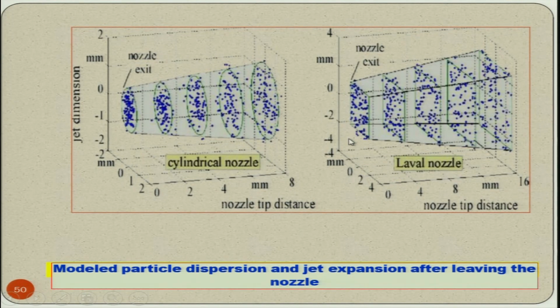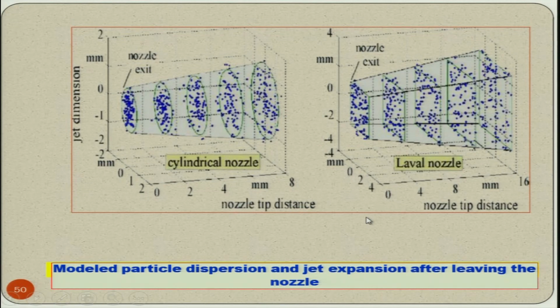A more or less similar phenomenon is observed in the case of the level nozzle, except that in the beginning as well as near the end, the distribution is comparatively more uniform compared to the cylindrical nozzle, as you can see here, this compared to this and this compared to this, at the same nozzle tip distance or stand-off distance.